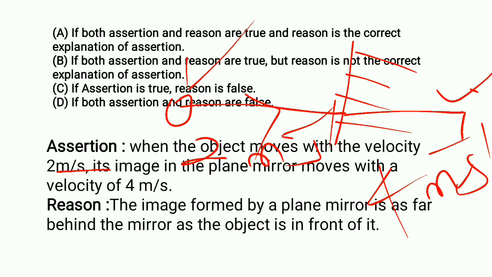So here the assertion and the reason, both statements are true, and the reason for statement 1 is also true. So the correct answer is option A. Both the assertion and reason are true, and the reason is the correct explanation of the assertion.